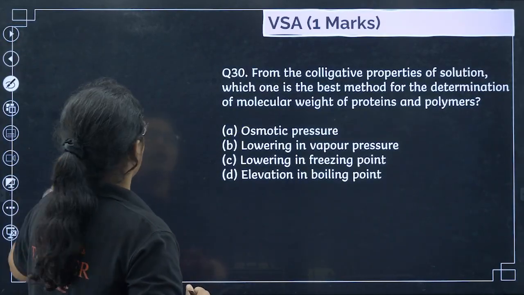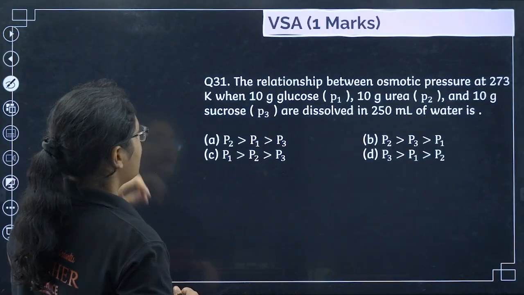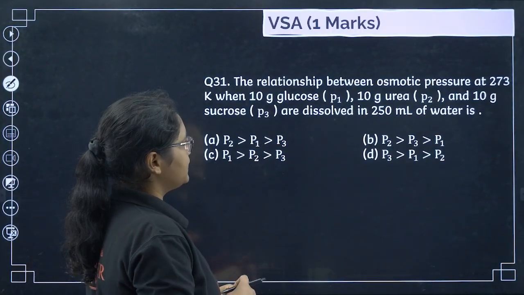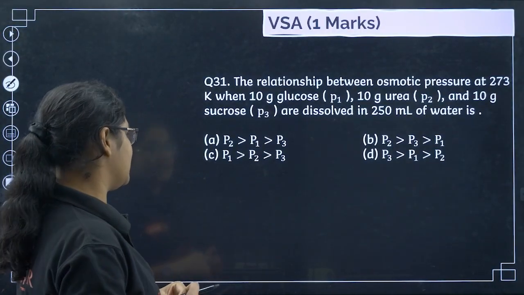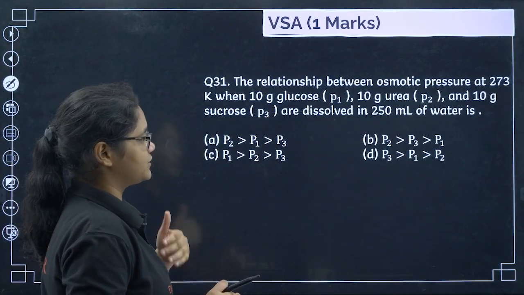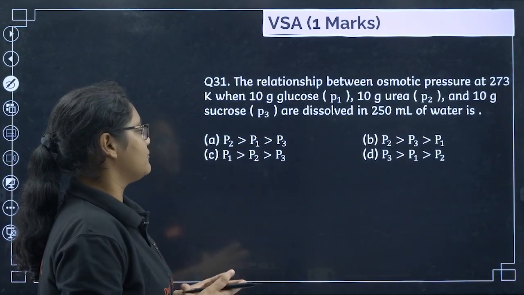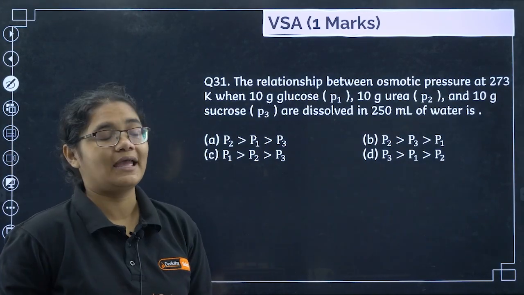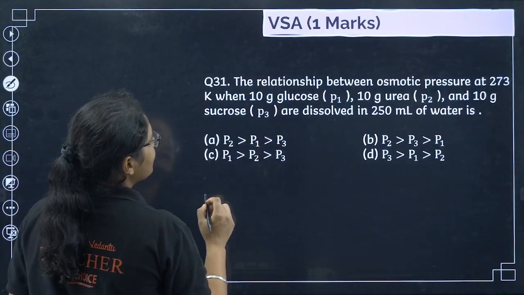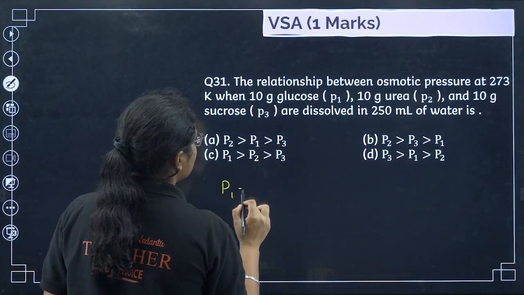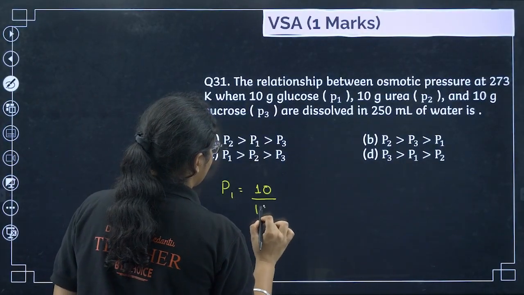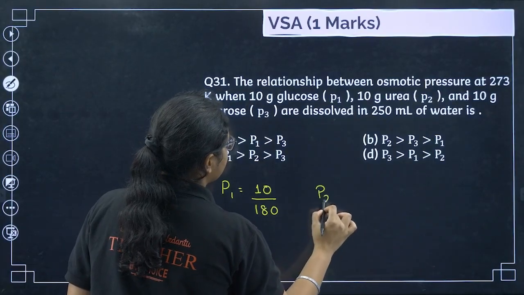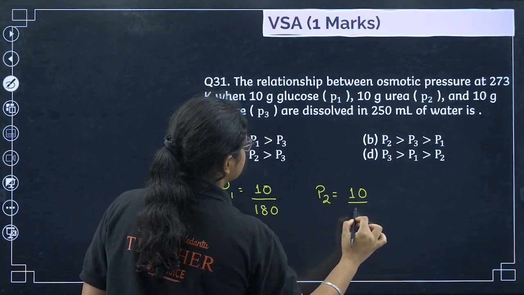Next, we have question number 31. The relationship between the osmotic pressure at 273 Kelvin when 10 gram of glucose, 10 gram of urea and 10 gram of sucrose are dissolved in 250 ml of water. So the first one, P1 is what? 10 by 180. Then I have P2 which is 10 by 60.